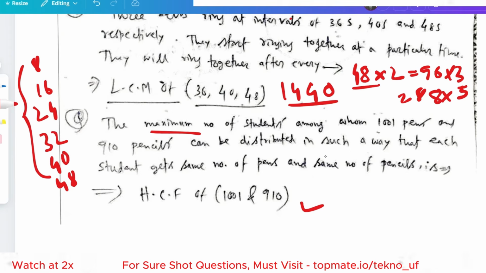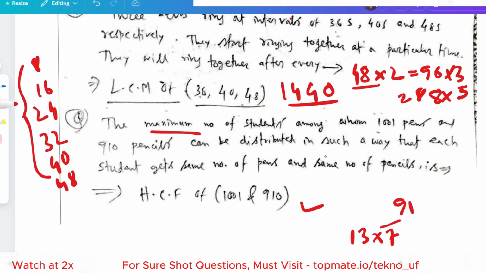910 and 1001, right? Last time I told you that if you calculate the difference between them, the difference is 91, right? So we can divide this as 13 into 7. Only this way we can do. So one of them will be our expected HCF. So 13, right?